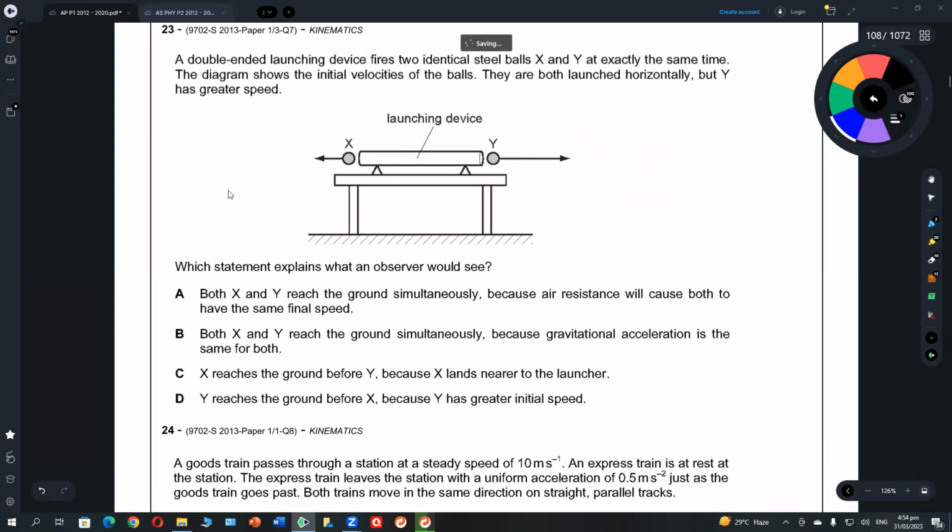A double-ended launching device fires 2 identical steel balls X and Y at exactly the same time. The diagram shows the initial velocities of the balls. They are both launched horizontally, but Y has greater speed. So it looks like a projectile question because they will eventually follow a projectile path.